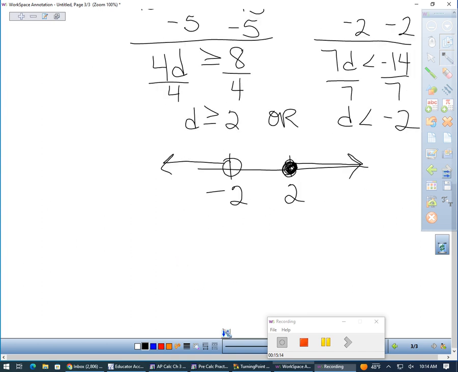Interval notation. Starts at this arrow, which is negative infinity. Goes to negative 2. It's an open dot, so it gets a parenthesis. I'm going to put a U in the middle to connect our two inequalities together. I have a solid dot, so that's a bracket at 2, and it goes to positive infinity.